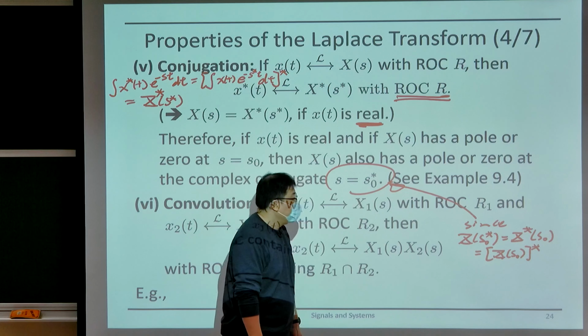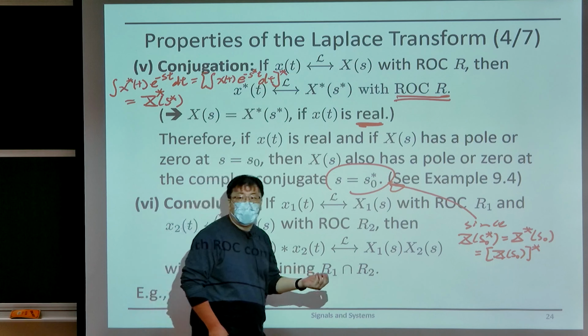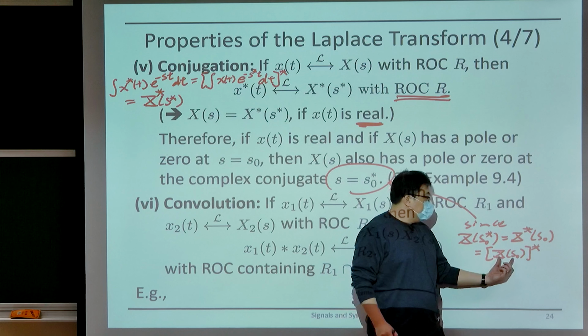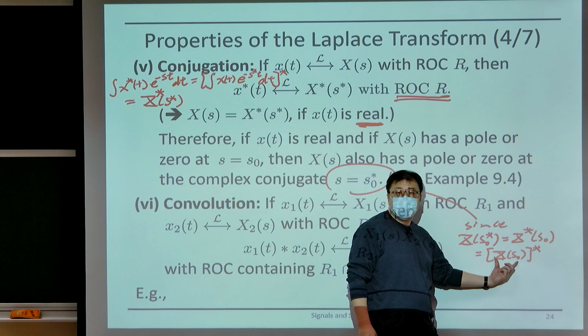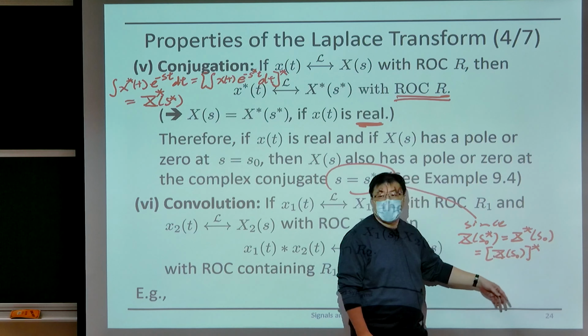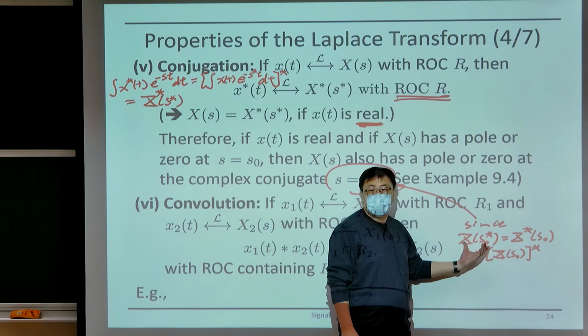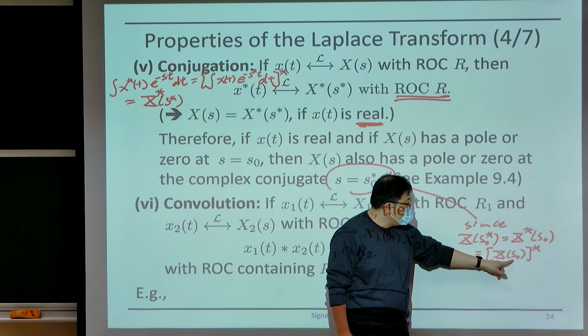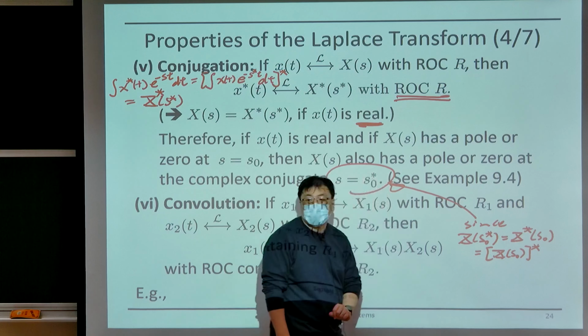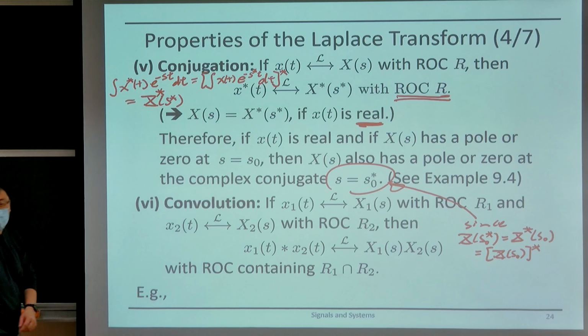Now, if s naught is a pole, then this means that this is infinity, and the complex conjugate of infinity is still infinity. So if s naught is a pole, then s naught star is also a pole.